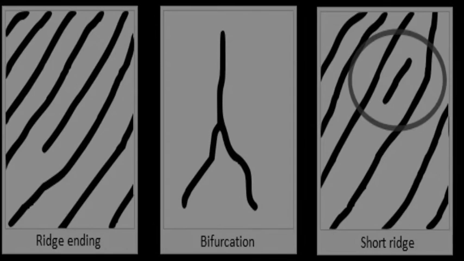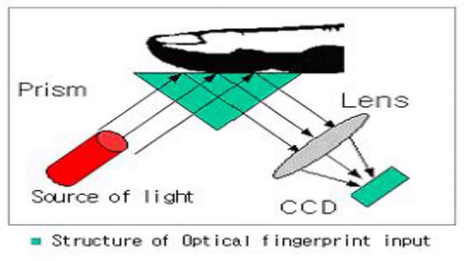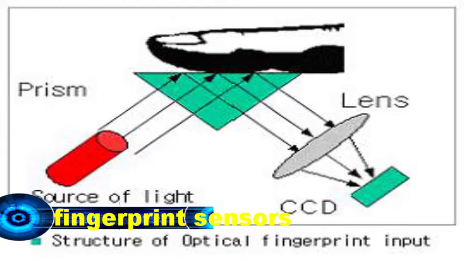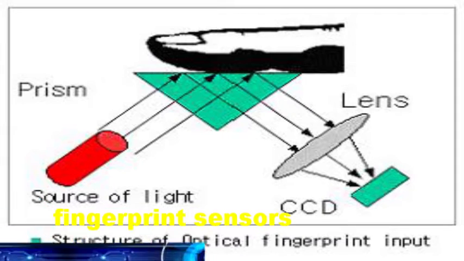Now, fingerprint sensor. What is a fingerprint sensor? A fingerprint sensor is an electronic device used to capture a digital image of the fingerprint pattern. The captured image is called a live scan. This live scan is digitally processed to create a biometric template, a collection of extracted features, which is stored and used for matching.